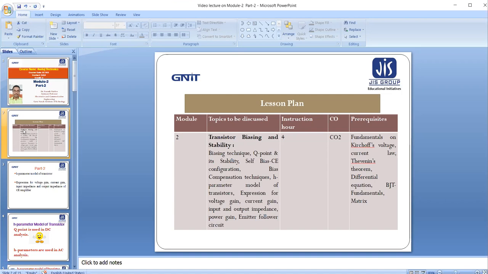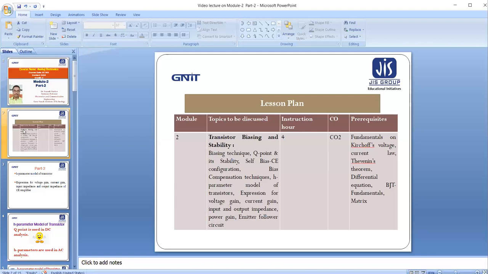The instruction hour of this module 2 is set as 4, and module 2 is included in course outcome 2. That is, after studying this module, the student will be able to analyze the transistor amplifier circuit.